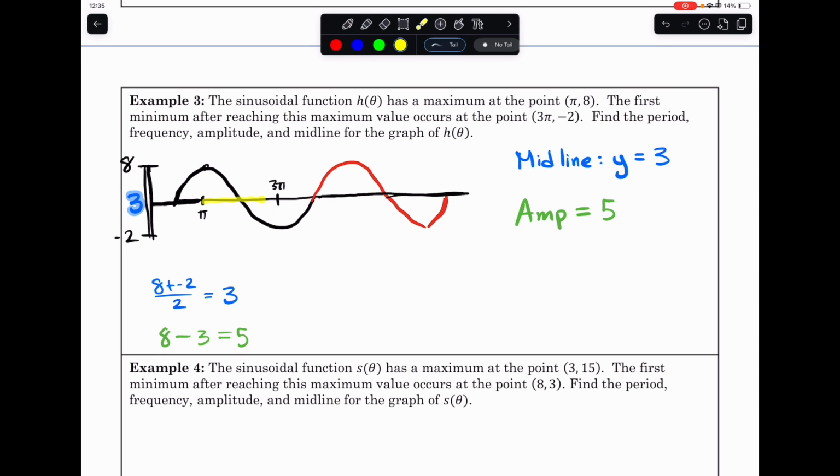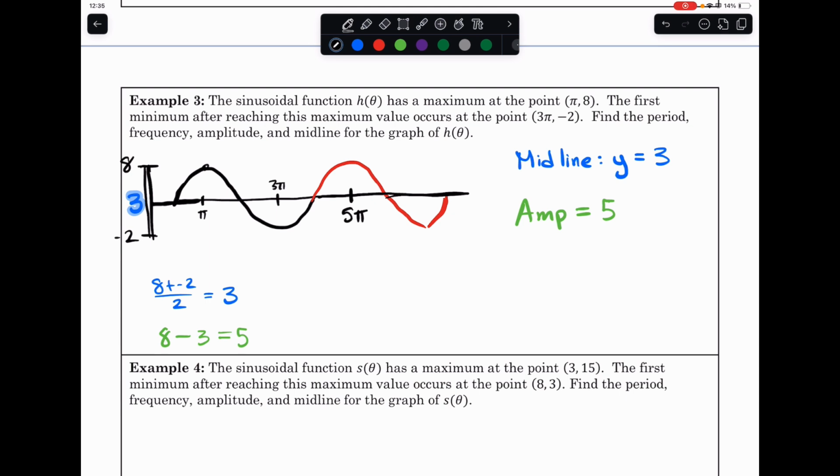Since this distance right here is 2 pi, from pi to 3 pi, that means the same thing right here. From here to here, that has to be another 2 pi of equal length. So from one max to a min, that horizontal distance is 2 pi. That means that from this min to this max, that has to be the exact same distance. So this right here would have to be 5 pi.